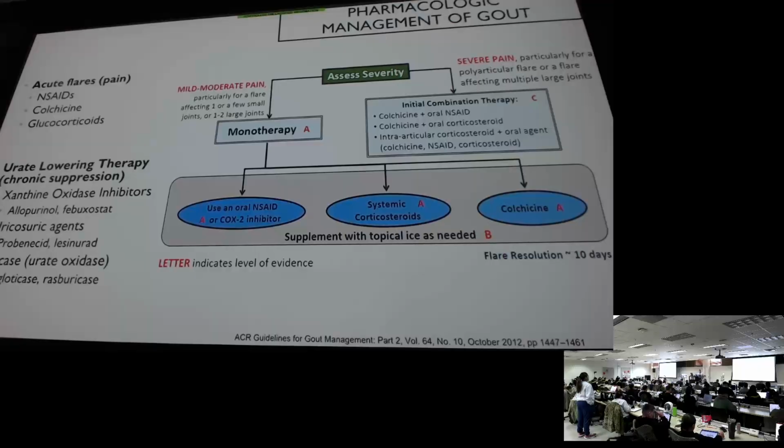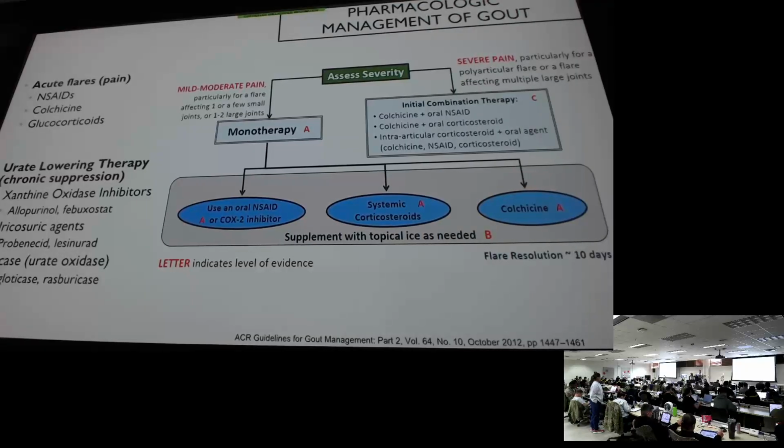We can start combining agents, as you see on the chart, in the second row of light blue boxes. We can combine those 3 medications: NSAIDs with colchicine, or NSAIDs with glucocorticoids, whether oral or into the joint with an intra-articular injection like we discussed earlier, or colchicine and a corticosteroid.